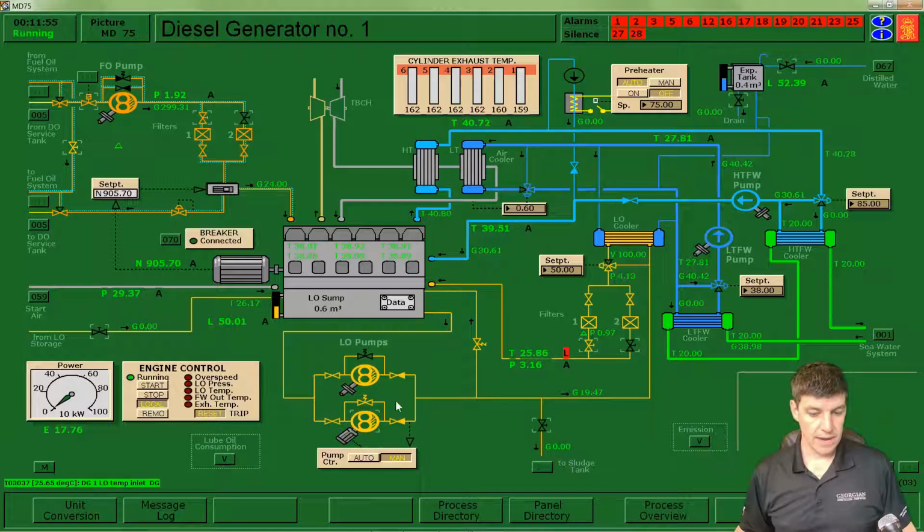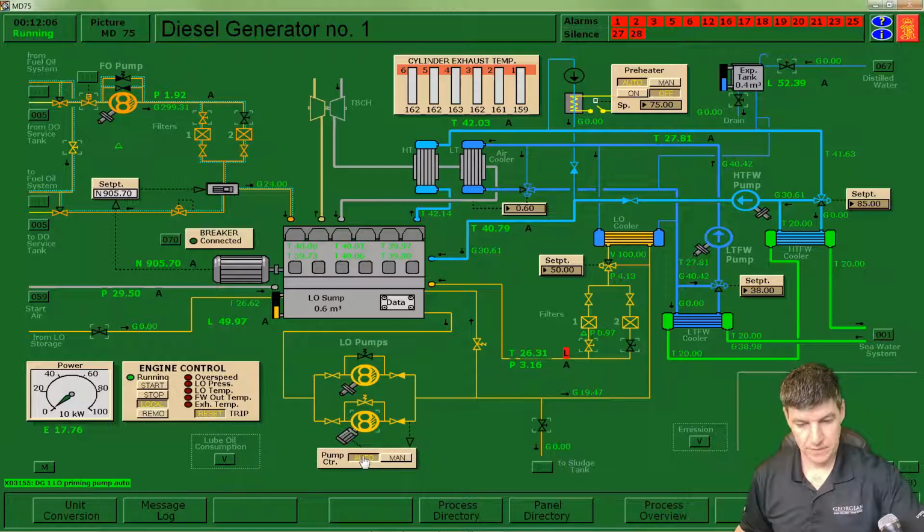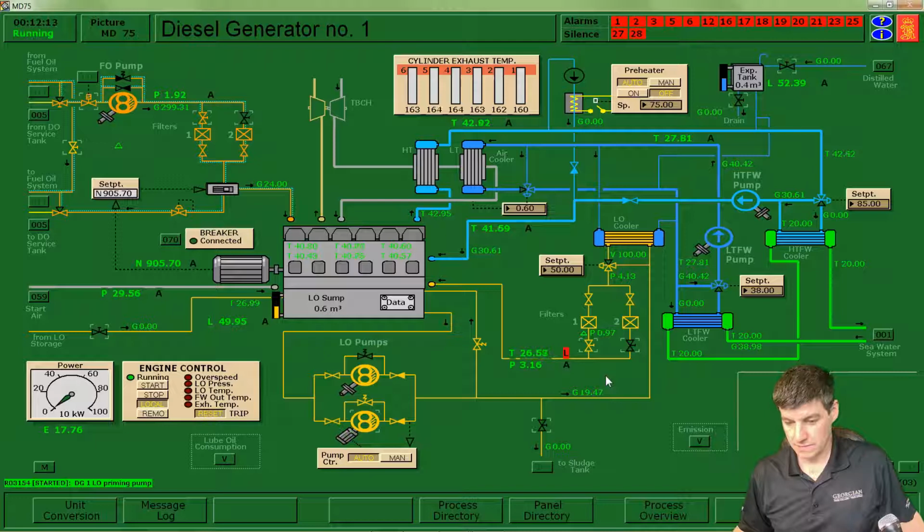Okay. Once I am done starting up, I can switch over my lube oil pump to automatic. Okay, and it will decide automatically to turn on or off as needed.